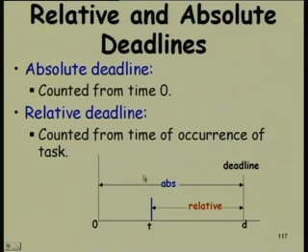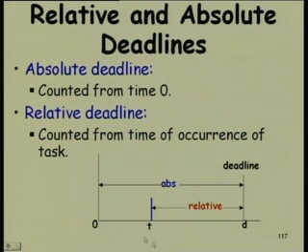T is the time at which the task has arrived or is released, and the deadline is D. The relative deadline is between the task arrival and the instant of time at which it needs to complete. So, D minus T, or we will call it R, is the relative deadline, whereas the absolute deadline for this task is D. D is computed from 0, right. So, we will distinguish these two terms sometimes.